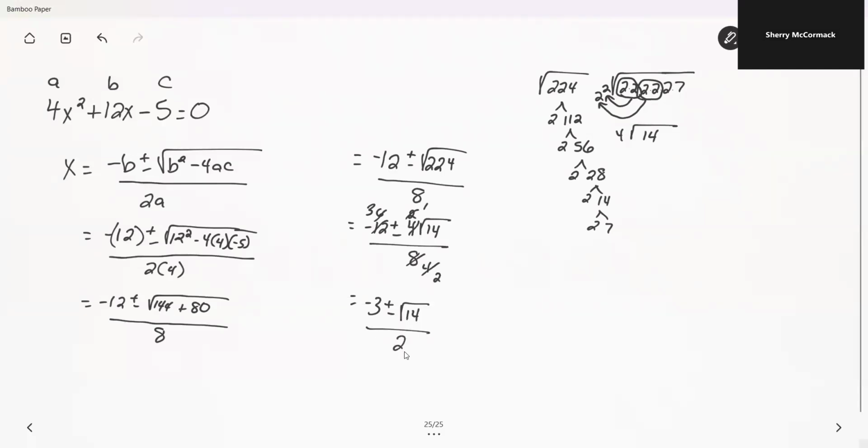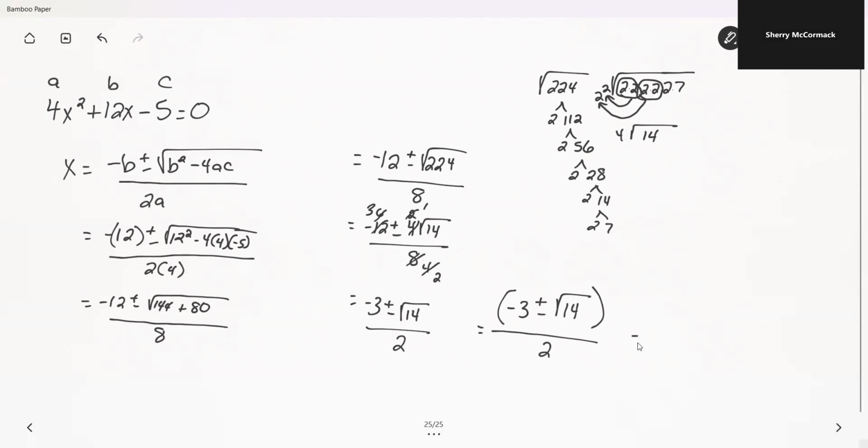So this gives me -3 plus or minus 1 times the square root of 14, over 2. Now, to get this into the calculator, what you want to do is put the numerator piece in parentheses. So it's going to be -3 plus or minus your square root of 14, close your parenthesis, then divide that by 2. Okay?